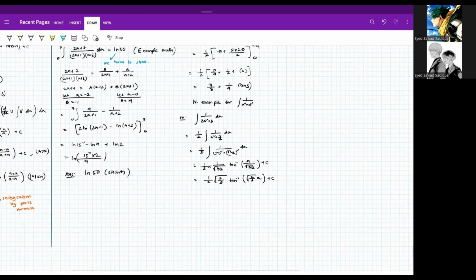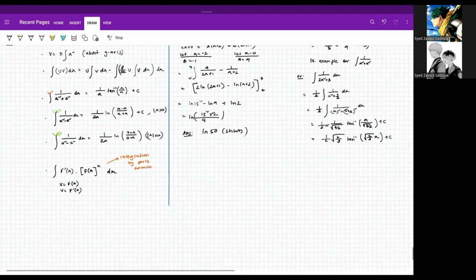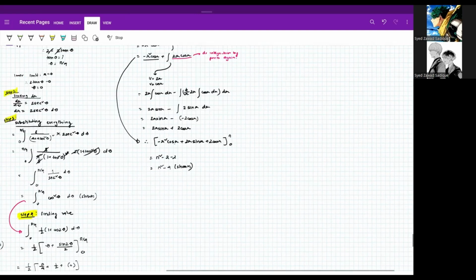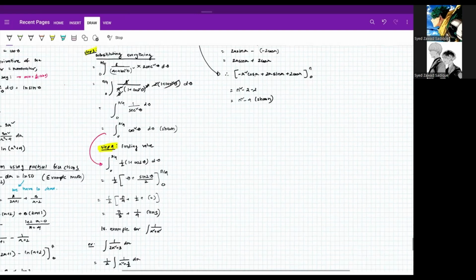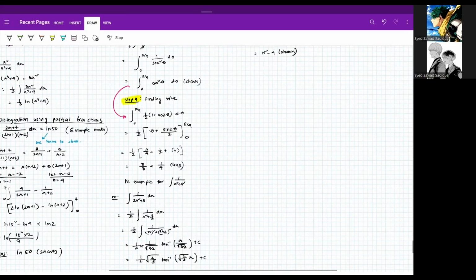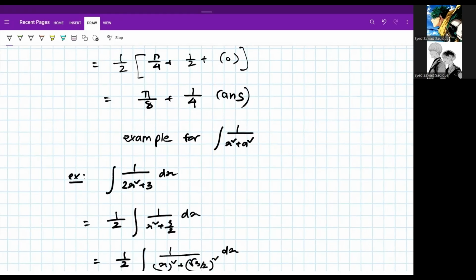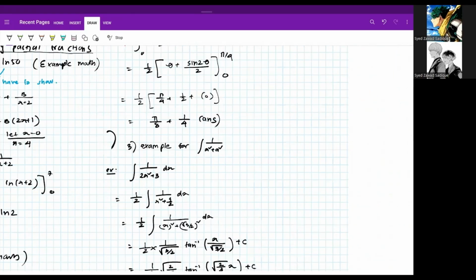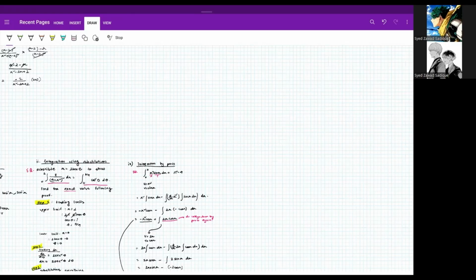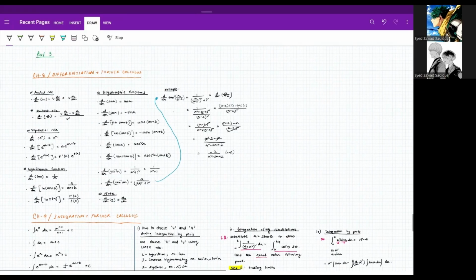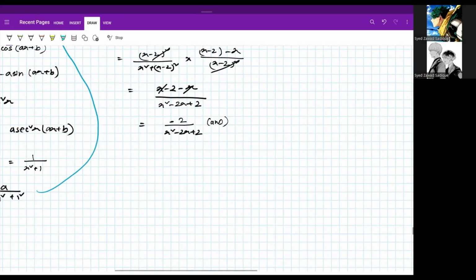Now, before I show you guys something, there are 2 notes that I want to write for differentiation.